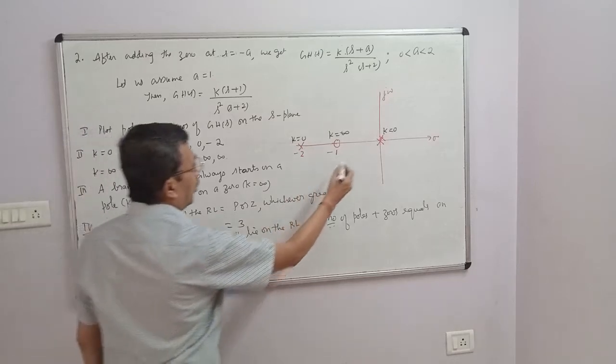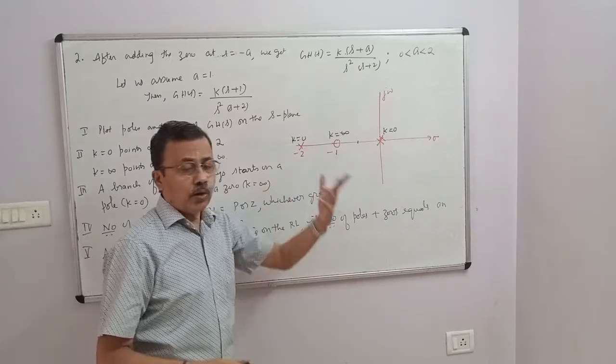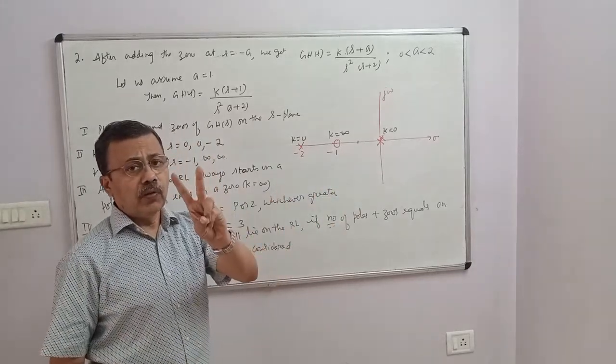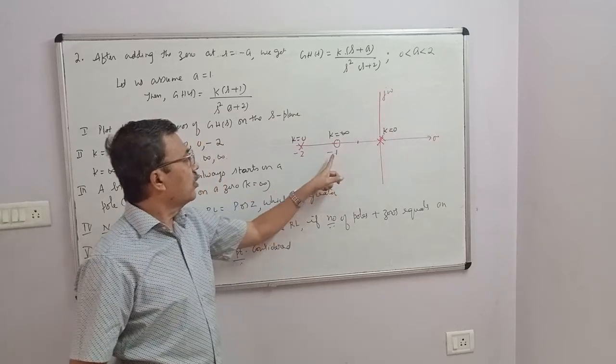Now let us take a point between 0 and -1. Look to the right of this point. There are two poles, no zeros. 2 plus 0 is 2, even number. Therefore, root locus will not lie between 0 and -1.